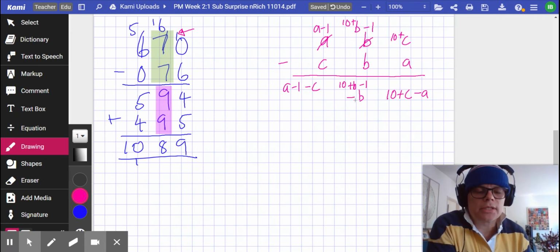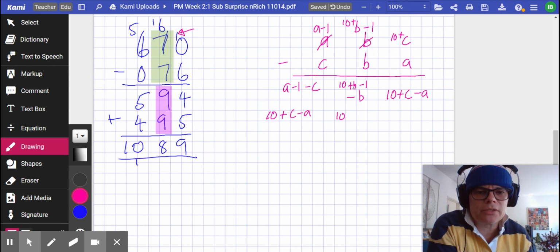Okay, so these are all digits. Let's have a look what happens now. Now I reverse it, don't I? So I put this term here, 10 plus C minus A, over here. This will be the same, 10. Oh, but 10 plus B minus B, that's just, oh look, that's amazing. Plus B minus B is just 0, and 10 minus 1 is 9.